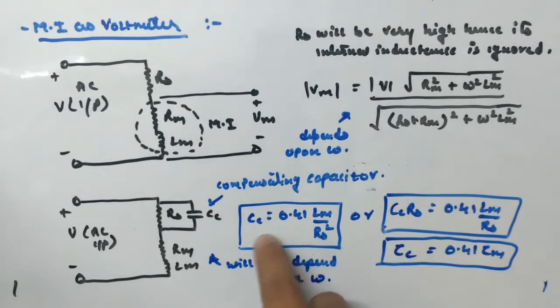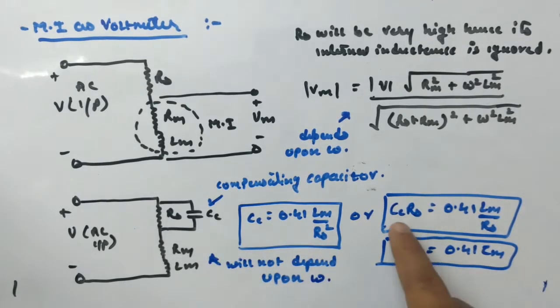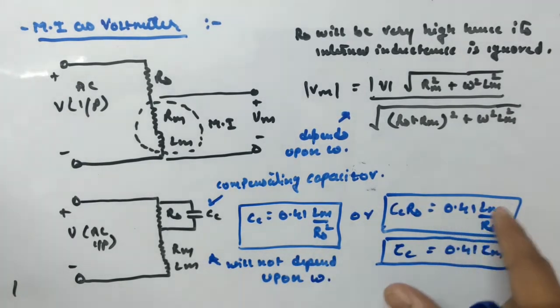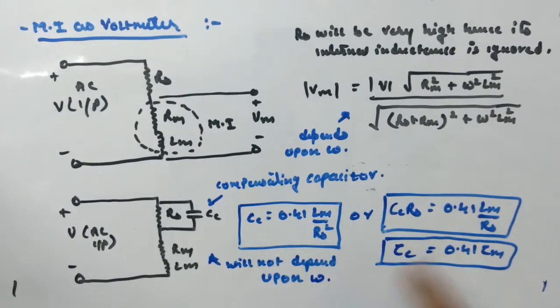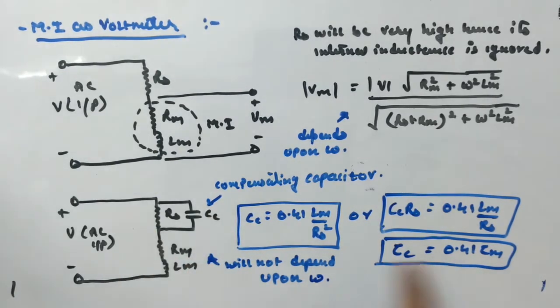When you do that, you will get Cc equal to 0.41 Lm divided by Rs square, or you can write it in another fashion: Cc into Rs is equal to 0.41 Lm divided by Rs. If you look closely, this is the time constant of the RC circuit and this is the time constant of the inductive circuit. So the time constant of the RC circuit equals 0.41 into the time constant of the inductive circuit.